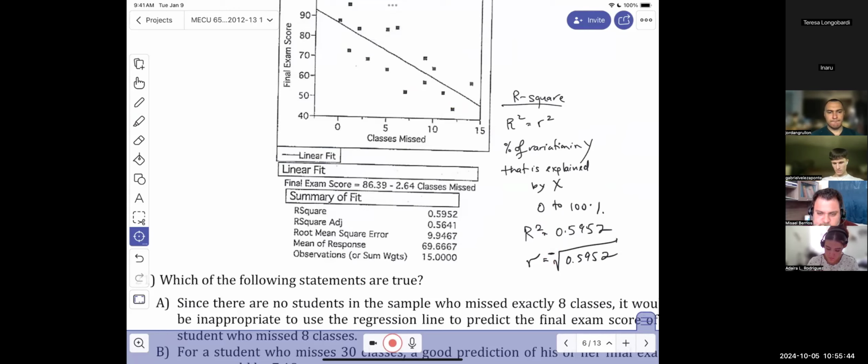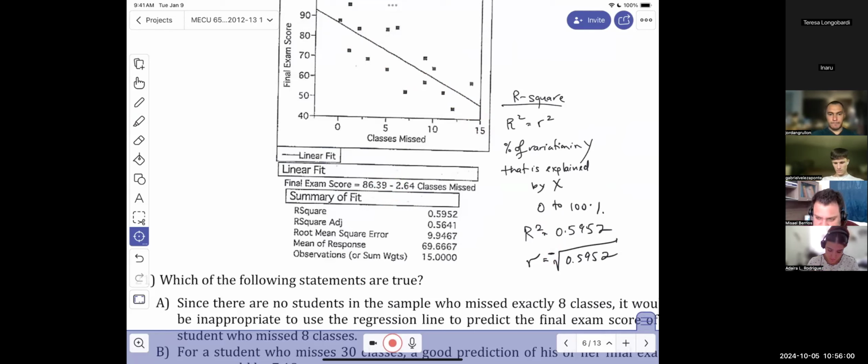You need the graph to see that, or you need to see the slope here. Remember, the correlation and the slope have the same sign. So you know it's going down. It's negative. So that's why I have to put that there.